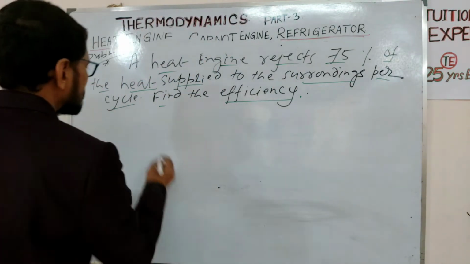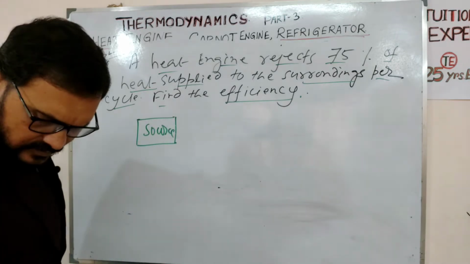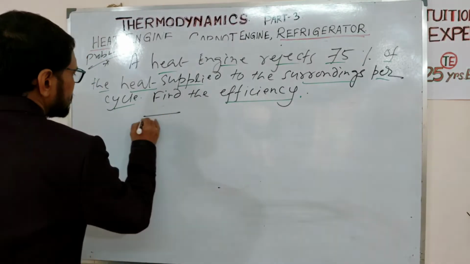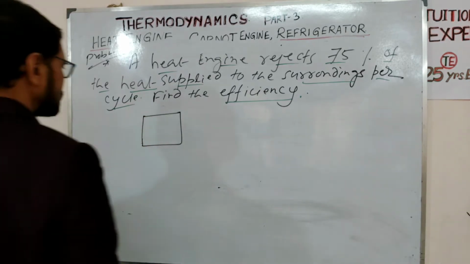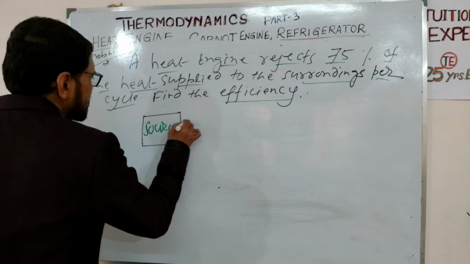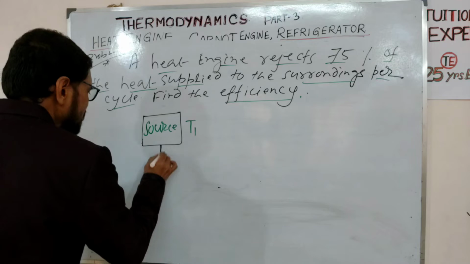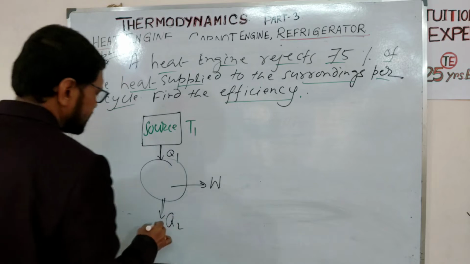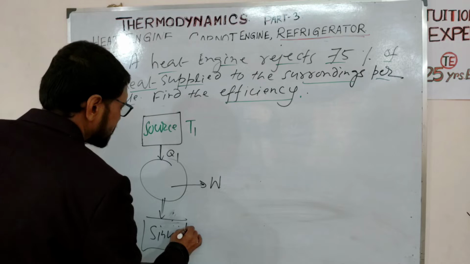So if you cannot remember, draw the diagram. This is the source, whose temperature is T1 Kelvin, and this is the sink, whose temperature is T2.